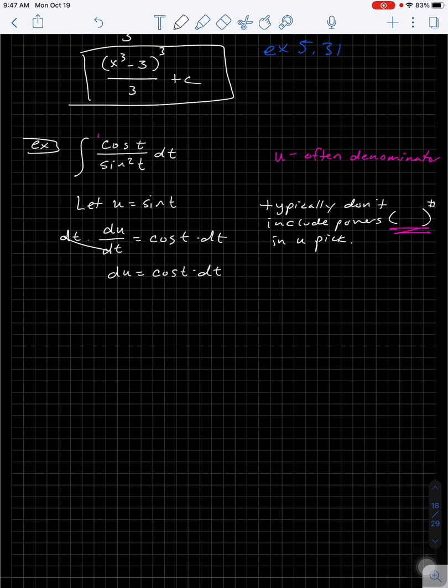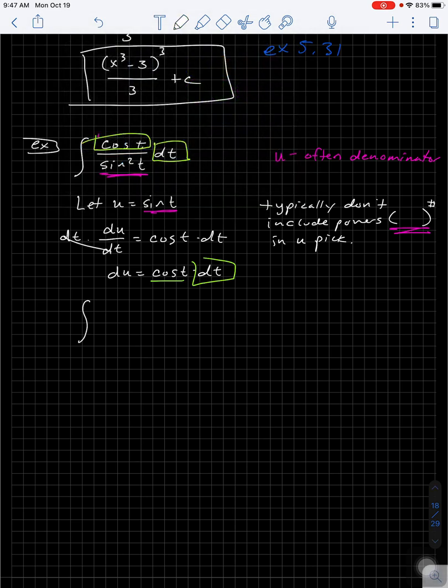Now let's evaluate if I did it well. So sine is taken care of there. The squared will come through. And the du is going to take care of the cosine and the dt. So everything's taken care of except that sine on the denominator, and powers are okay. So what happens here?